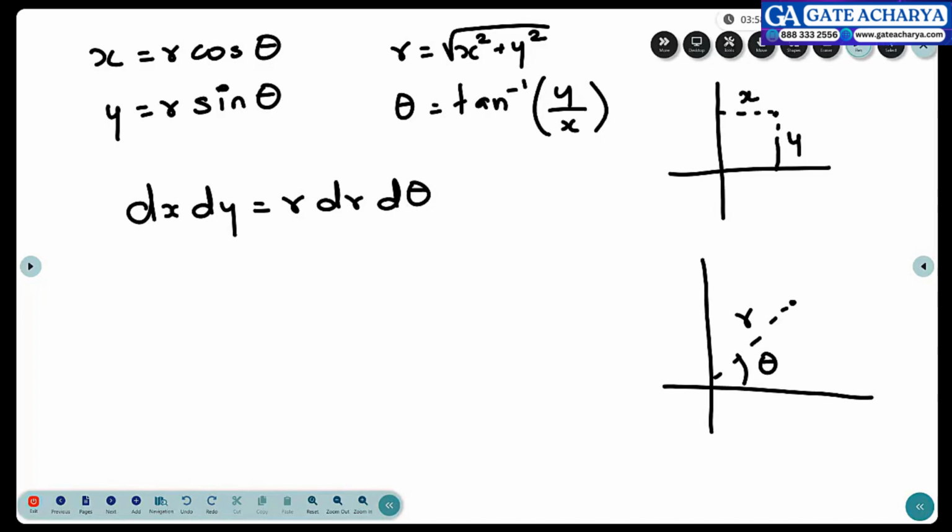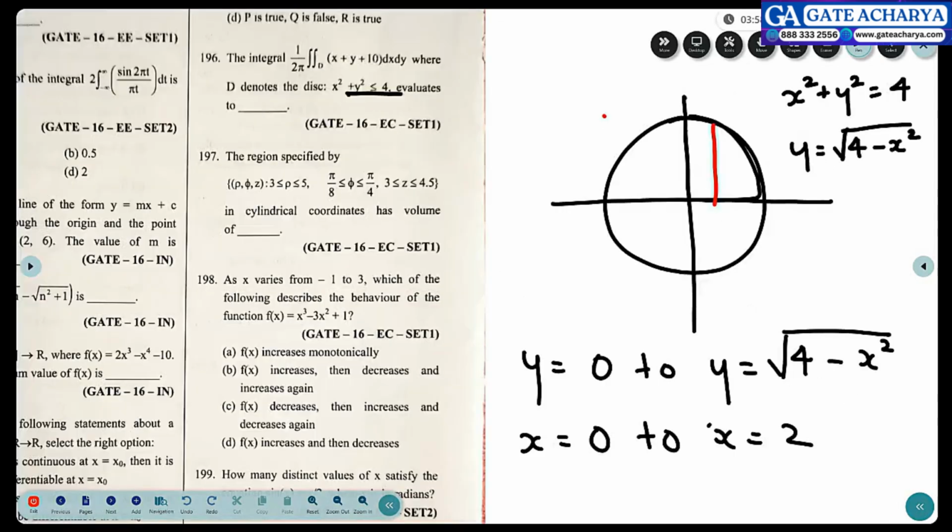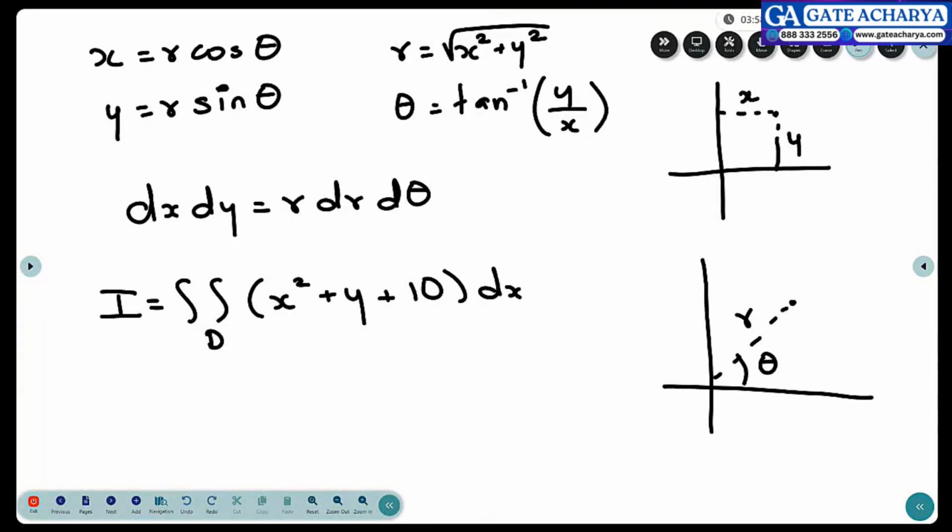Tell me the integral function, please. x plus y plus 10, into dx dy. Now what I'm going to do is convert this from Cartesian to polar.